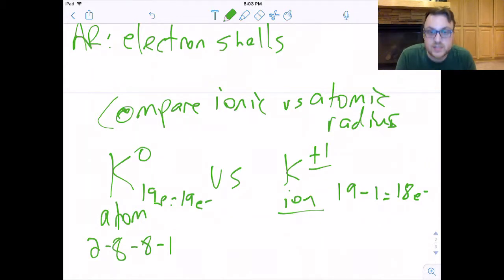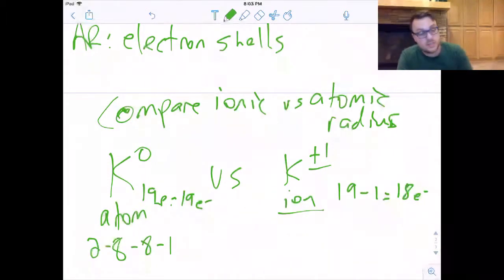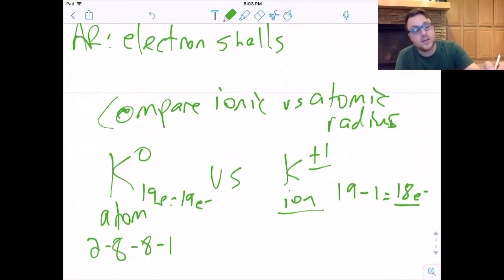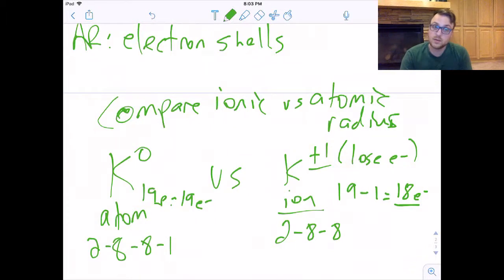Because in an atom, the protons and the electrons are the same. So, since we have 18 electrons here, we've lost an electron. A positive charge means you have lost an electron. So this is now 2,8,8. This has 4 shells, or 4 energy levels. This has 3.